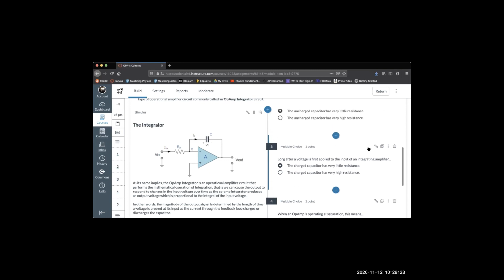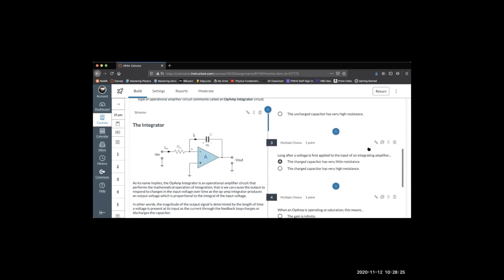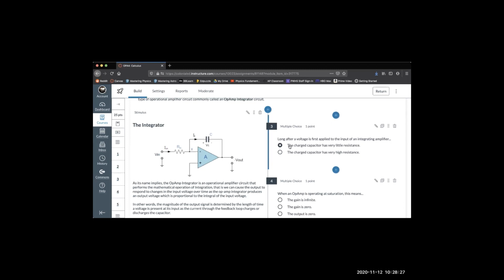has what? Oh, my answer key's wrong. Nobody said anything. I'm looking at you, Michelle. When I first apply a voltage to the input of the integrating amplifier, the uncharged capacitor has very little resistance.